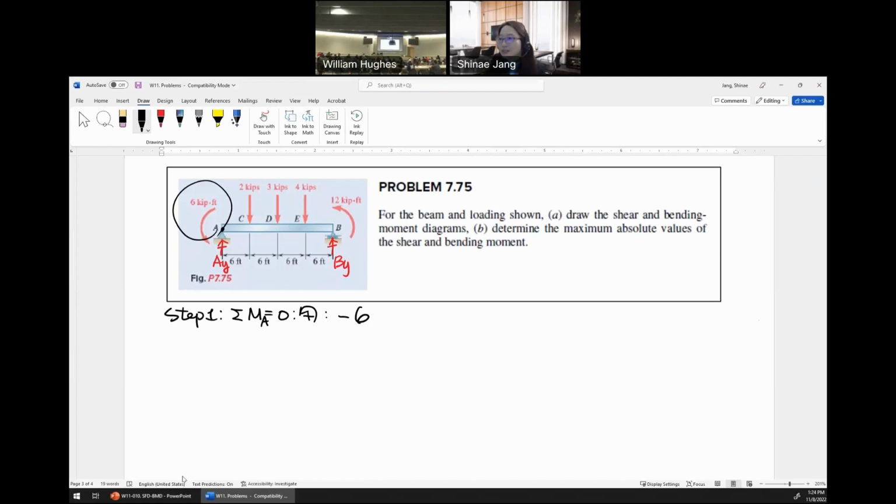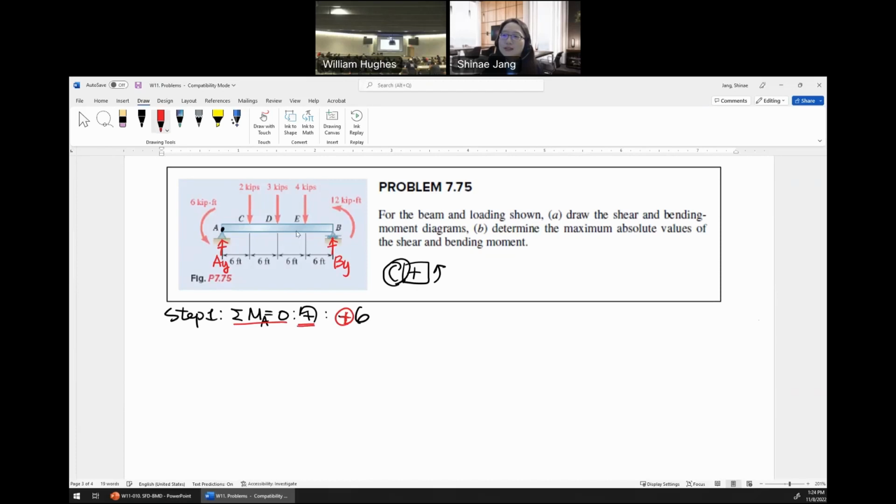Why? Because of sign convention, right? So I think you compare this one with this one and it's opposite and then use minus, right? Is it the logic you used? And the answer is no, this is positive. Why? So I'm very glad that I hear that. It's a moment equilibrium equation.